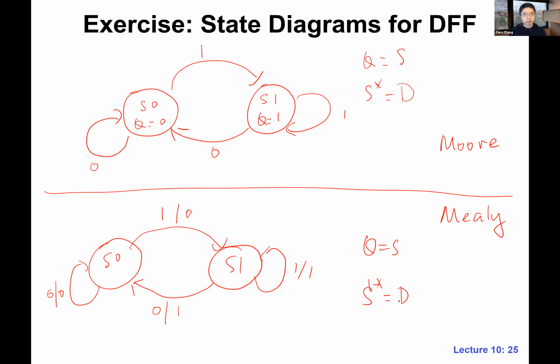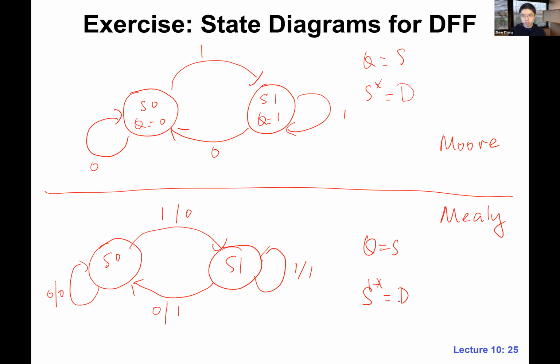This tells us that the DFF is actually a Moore machine, but we can represent it using either a Moore diagram or a Mealy diagram. In fact, there's a way to convert a Moore diagram into a Mealy diagram and vice versa. This is not something that we're going to cover in our class, but later on, we are going to be clearly distinguishing two things.